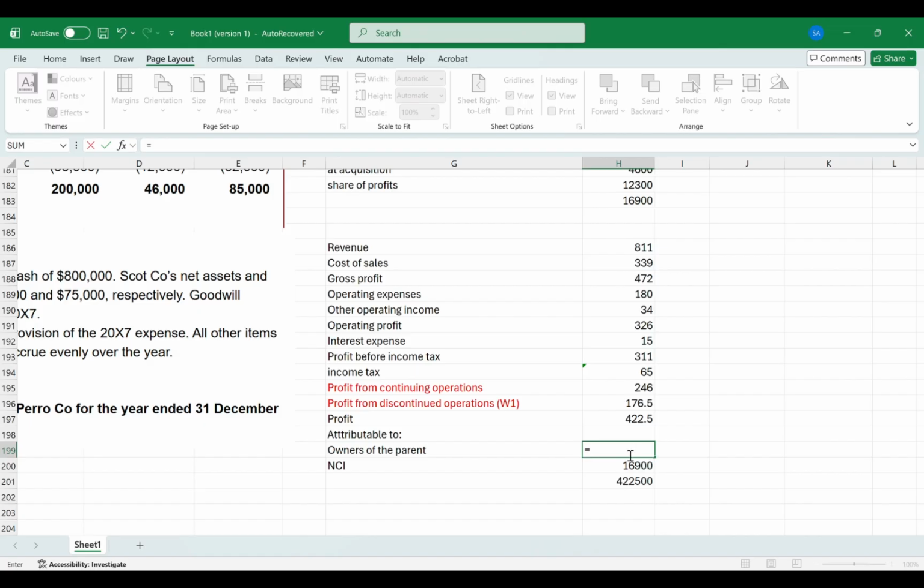So here is this minus this. This is the amount that goes to the parent. $405,600. Okay.